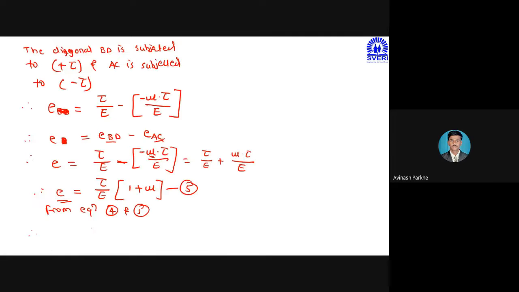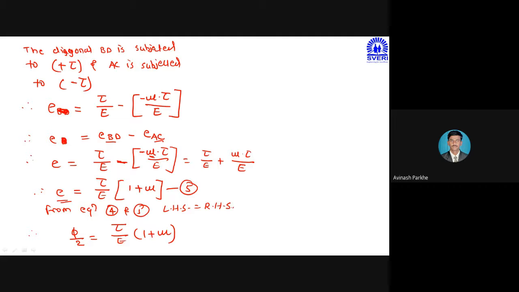Therefore phi divided by 2 is equal to tau upon E in bracket 1 plus mu. Left hand sides are equal, therefore their right hand sides are also equal.